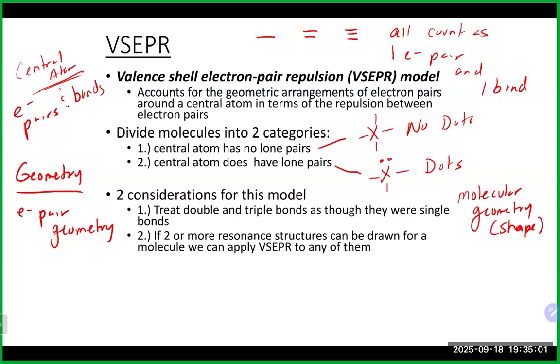In certain cases, these names will be the exact same, and in other cases they will be different names depending on what's present and what's not present. Especially when we get into 3 or more atoms, that's where these two geometries kick in. There will be an electron pair geometry name and a molecular geometry name.